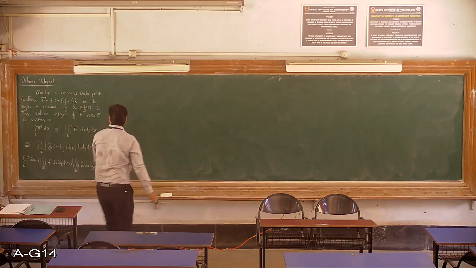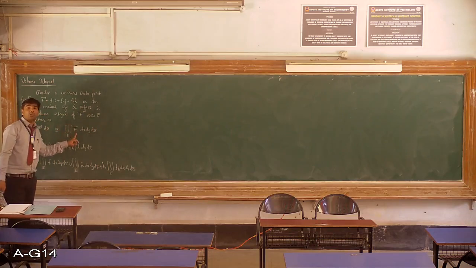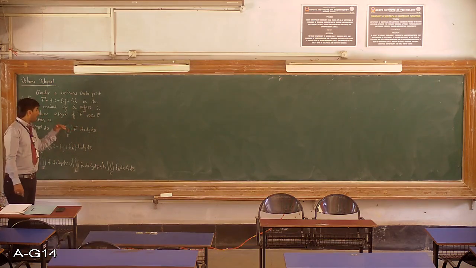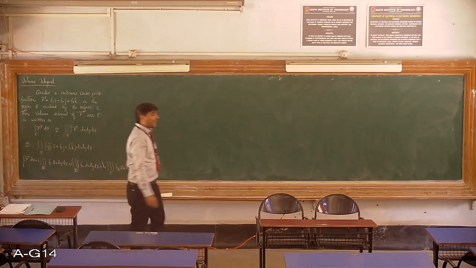Here one thing we need to understand is, for example, suppose this F is not there. That means if this F is a constant one, then what will be the answer? That is nothing but the volume bounded by x, y and z.